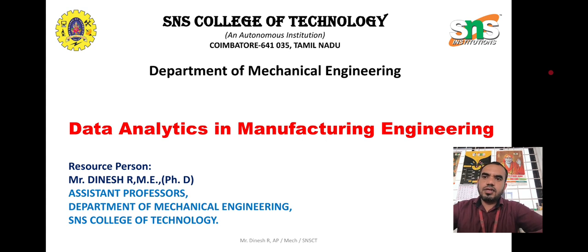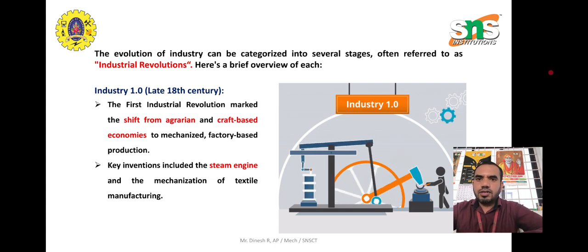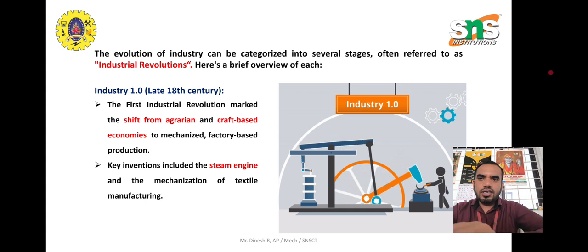We will see all the revolutions in our next series of videos, but here we will just see an overview of the industrial revolution. The first industrial revolution, which we call the steam engine or handmade era, had no electricity, no automation, nothing involved; it was only a craft-based economy. This is how industry started.